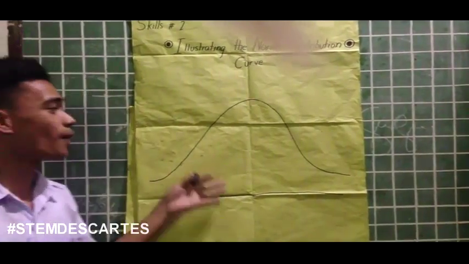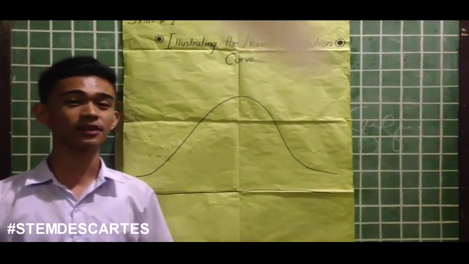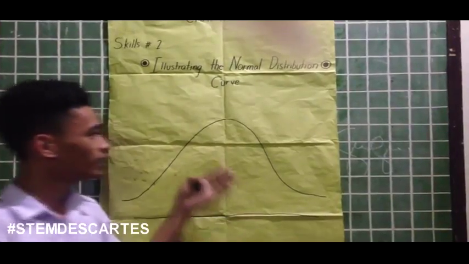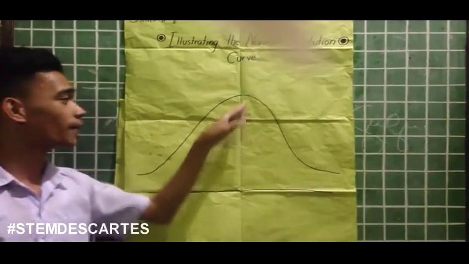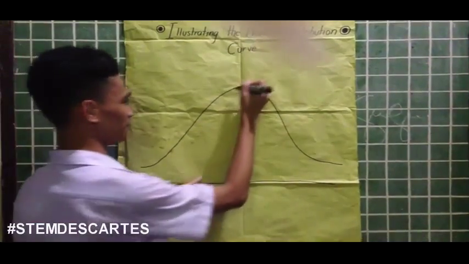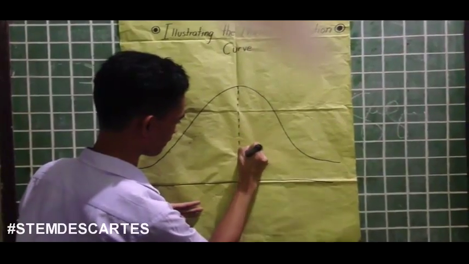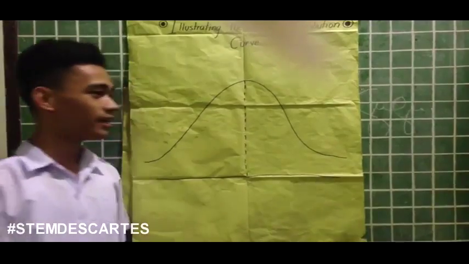That is property number 1. Property number 2, the curve is symmetrical about its center. So in this shape, let's put a broken line at the center, making sure that both sides are equal.